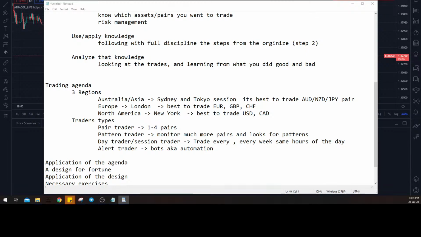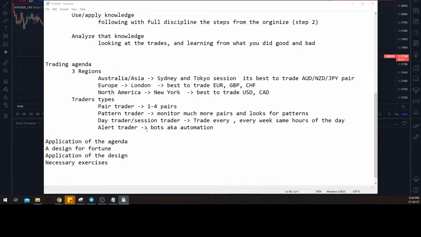Okay. Now that we understood the sessions that we have, the types of traders that we have, and everything surrounding the agenda, we are ready to build our trading agenda. So we just have to discuss first the support team and accountability.